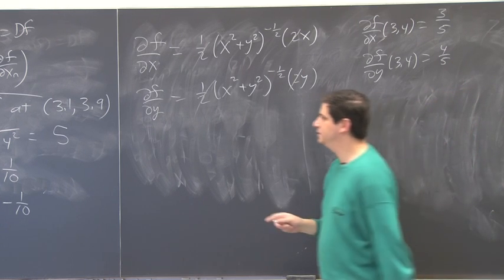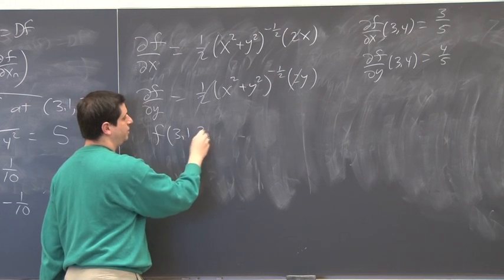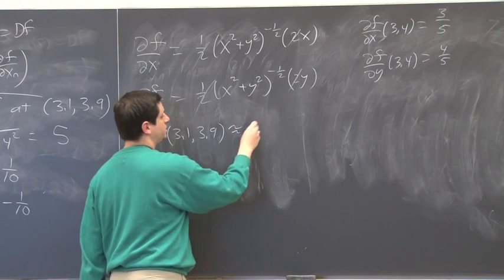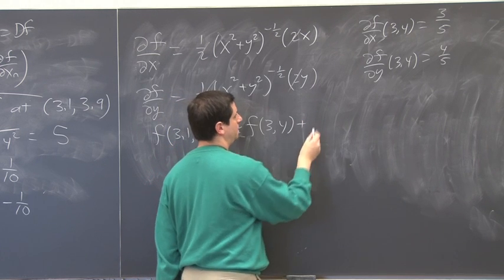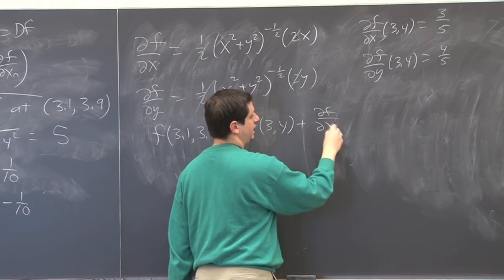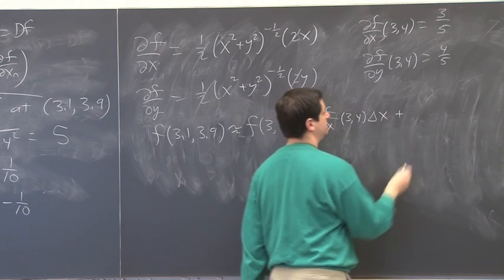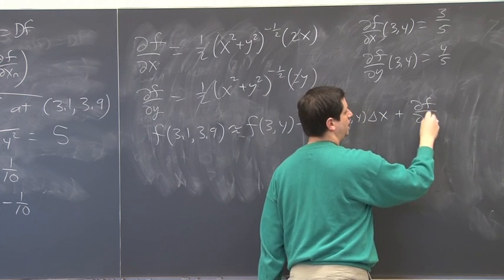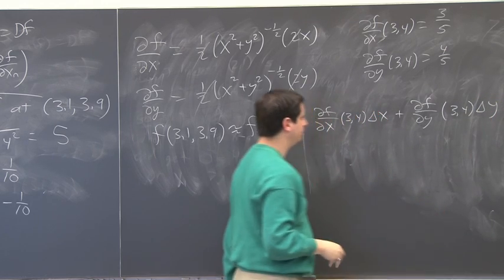And so now we get that f of 3.1, 3.9 is approximately f of 3, 4 plus df/dx at 3, 4 times delta x plus df/dy at the point 3, 4 times delta y.